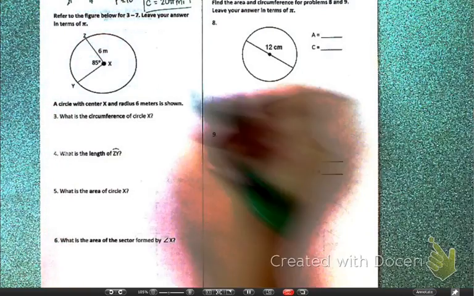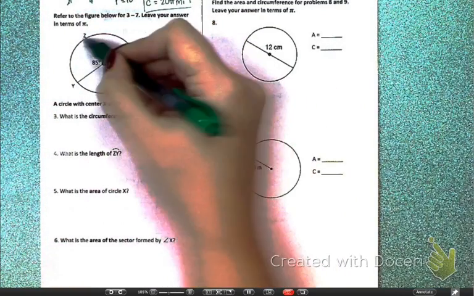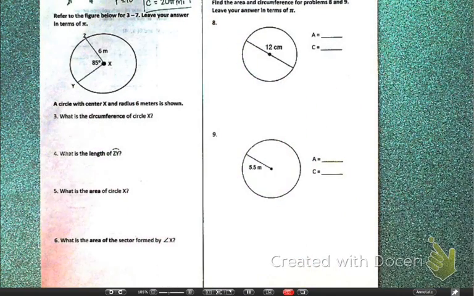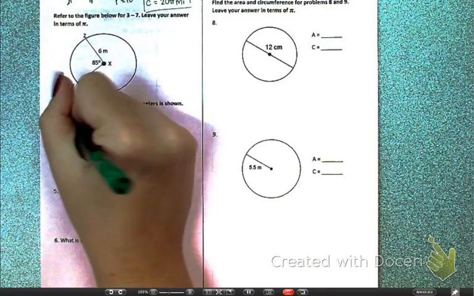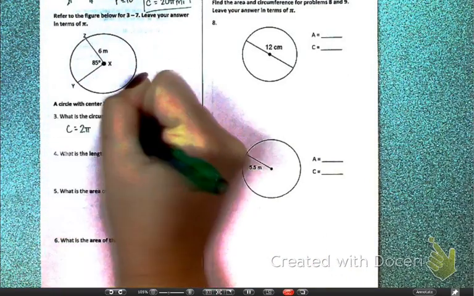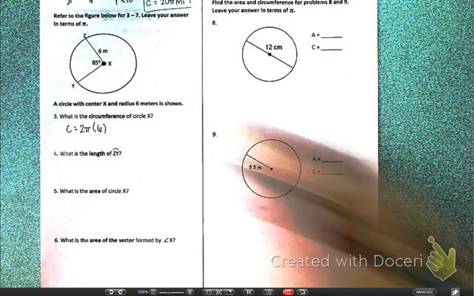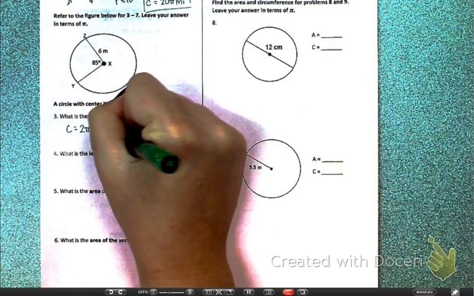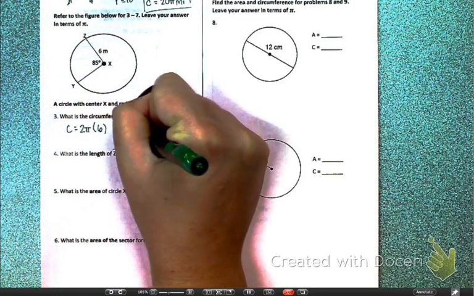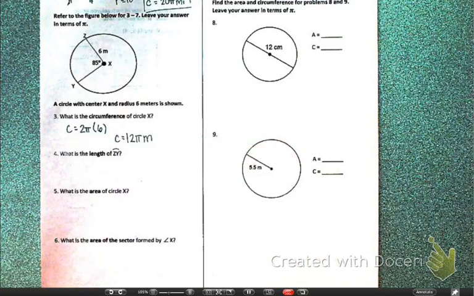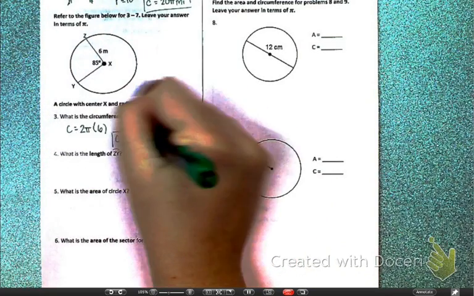Some people didn't know if it meant like this part, like this arc. I had a lot of questions. So circle X is just that circle in general. Circumference is 2 times pi times the radius. So it should have been 12 pi meters for circumference.